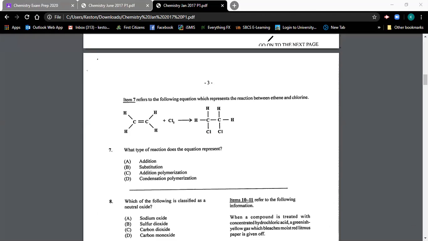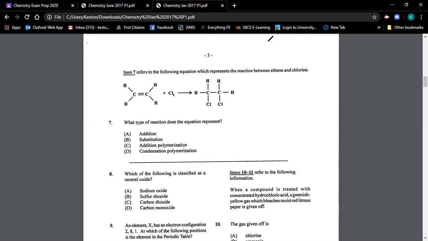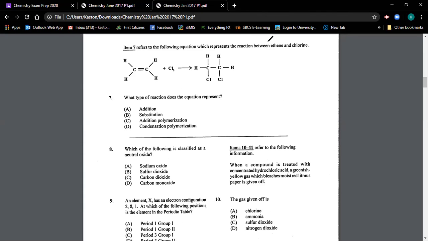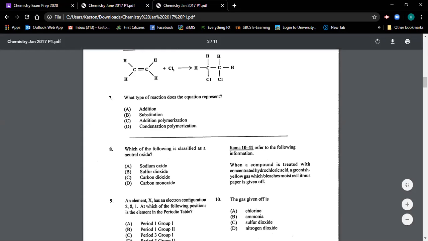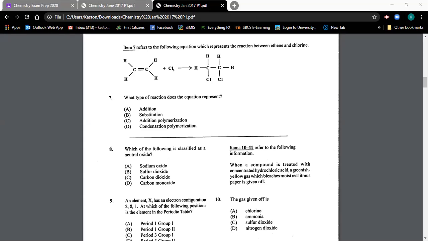Which of the following is classified as a neutral oxide? Neutral oxide. So it doesn't show acidic or basic properties.